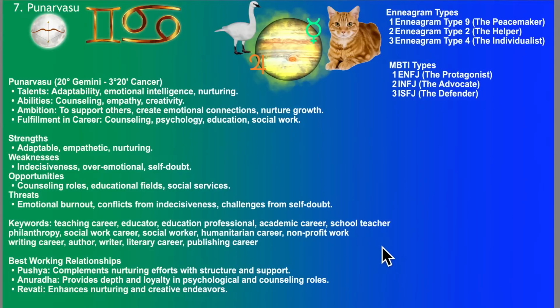Now we come to the 7th nakshatra of Punarvasu, which falls between Gemini and Cancer, 20 degrees Gemini to 3 degrees 20 minutes of Cancer. And it's a Jupiter ruled nakshatra. Now, if you remember the 159 code of Jupiter nakshatras, it goes from Punarvasu, moves into Vishakha, and goes into Purva Bhadrapada. So, what's the theme of Jupiter ruled nakshatras?